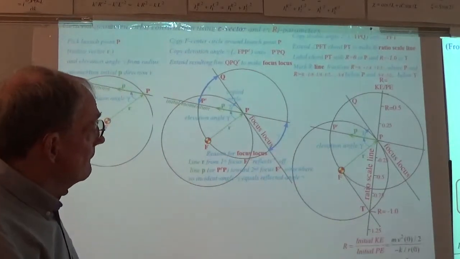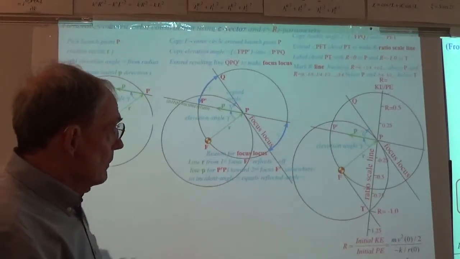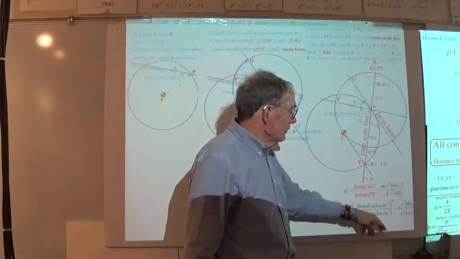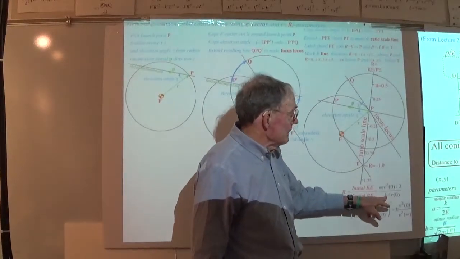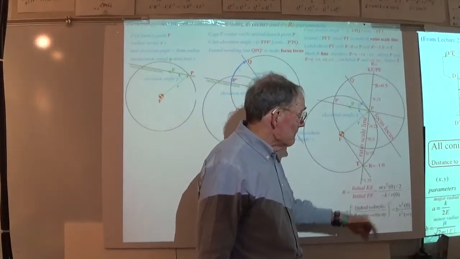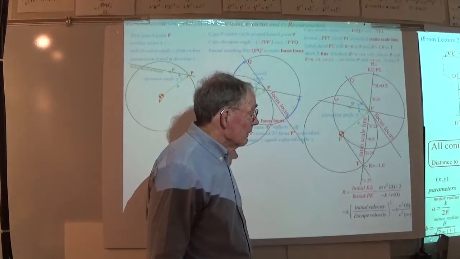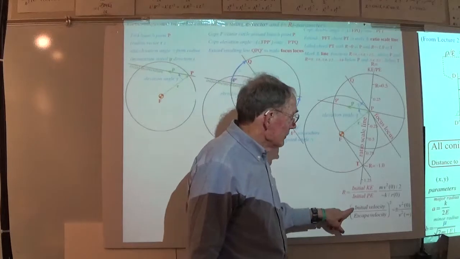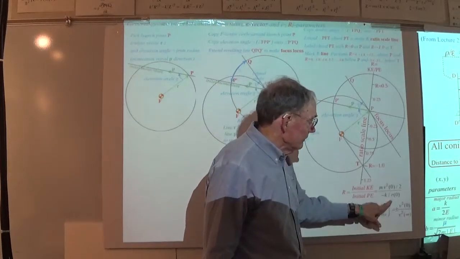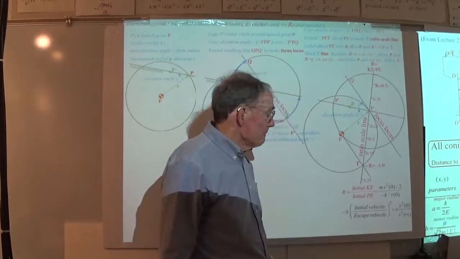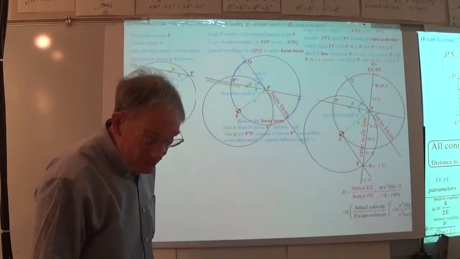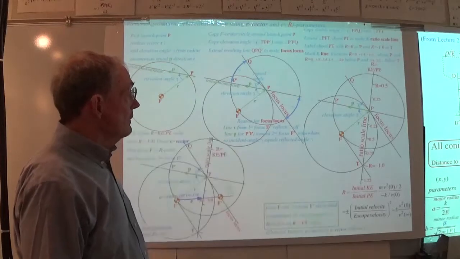Okay. Now, that's what I'm really saying right here. It's initial KE, that's V squared over 2, initial PE minus K over R. Remember, I have to put a minus on this thing. And whether K is positive or negative, it's still going to work. Okay, so that's initial velocity over escape velocity squared. That's what this ratio is. Pretty cool. Okay, so it's a very useful ratio, but it's also geometrically convenient.